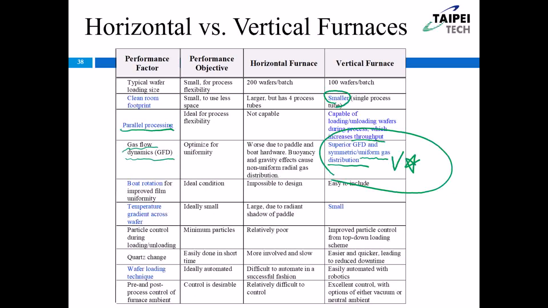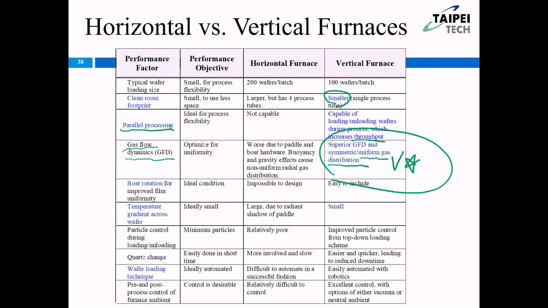Load means we put the silicon wafer into the quartz, and unload means we take the silicon wafer out from the furnace. So we can choose which wafer we want to load and unload from the quartz tube. Okay, and it can also increase the throughput.